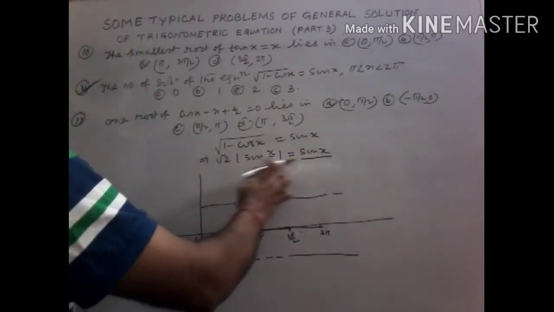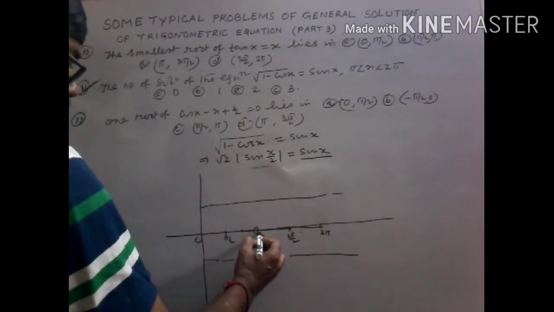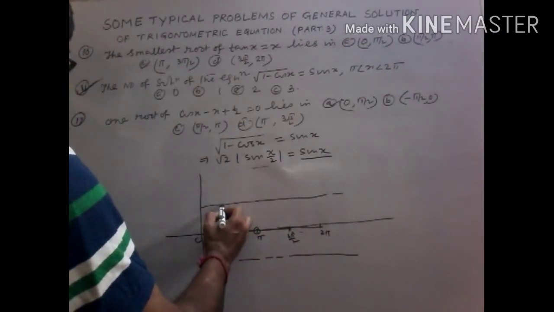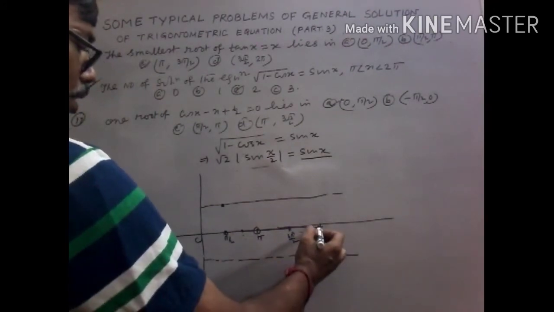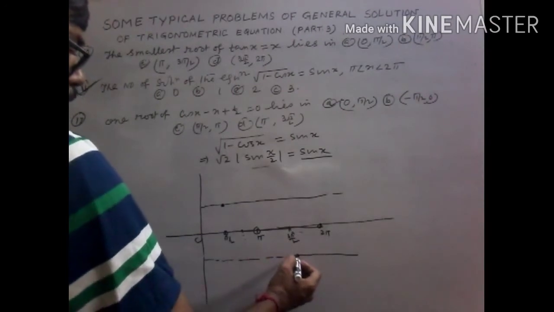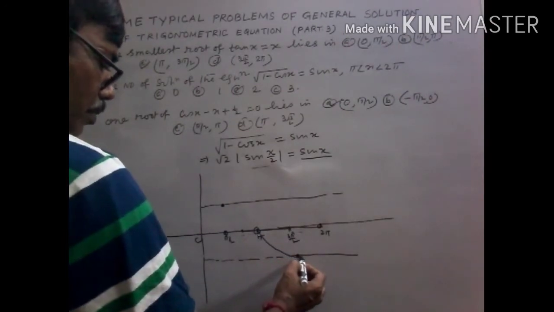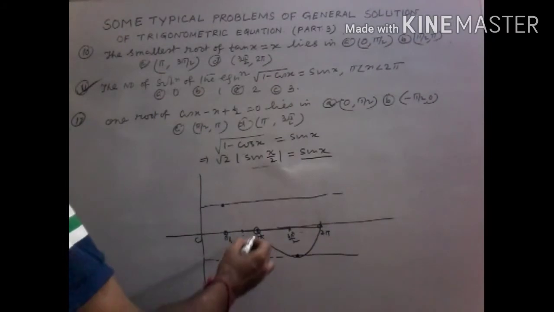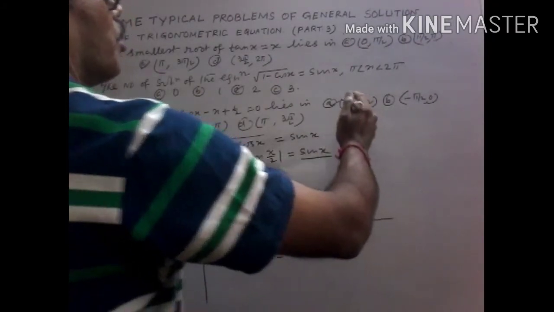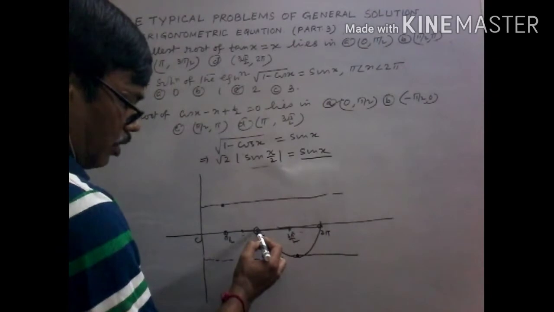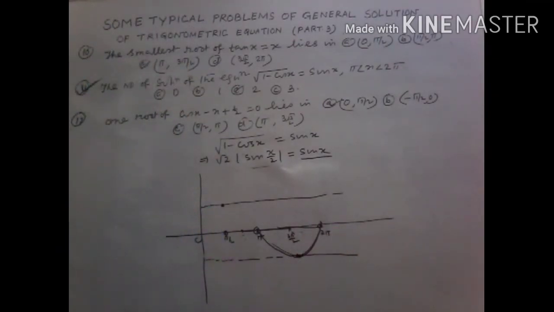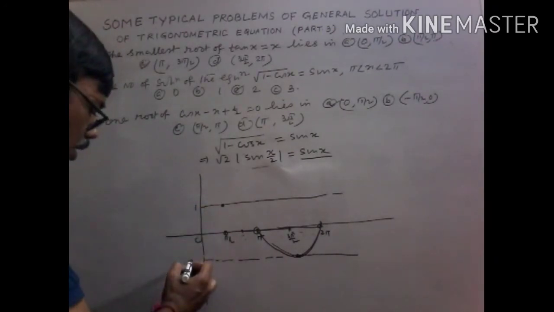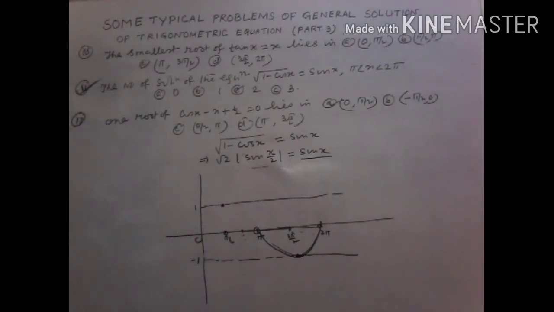So look, graph of sin x: sin pi is 0, sin pi by 2 is 1, sin 3 pi by 2 is minus 1, sin 2 pi is 0. So this is the graph of y equals sin x. This is 1. This one is minus 1.